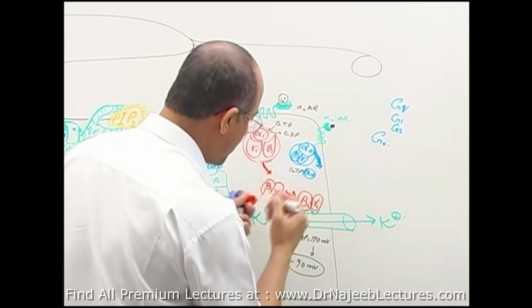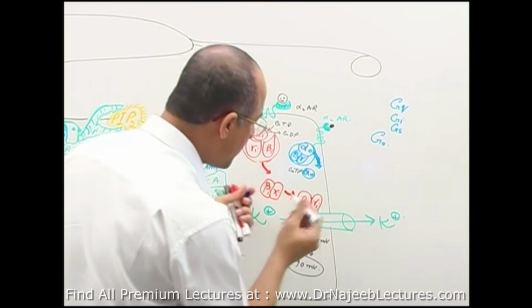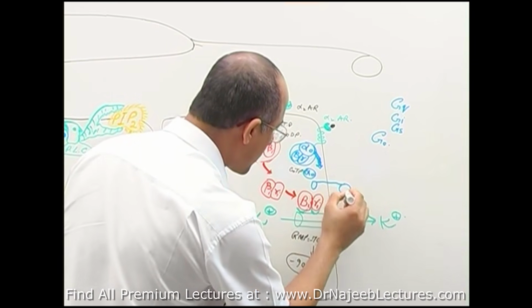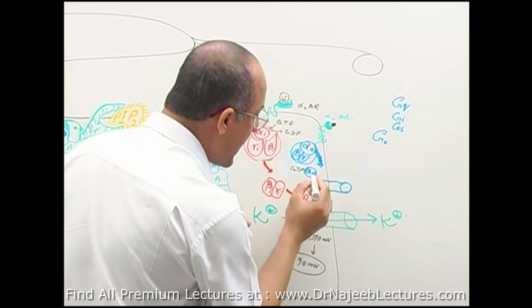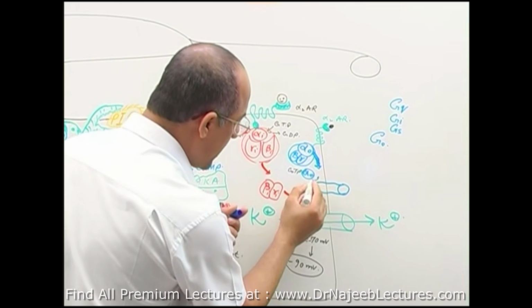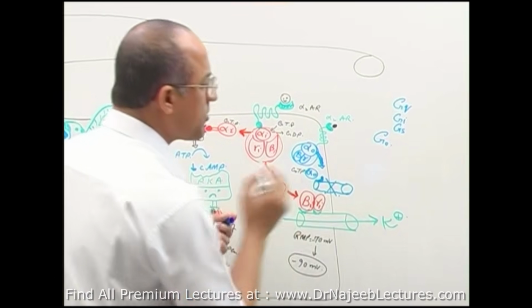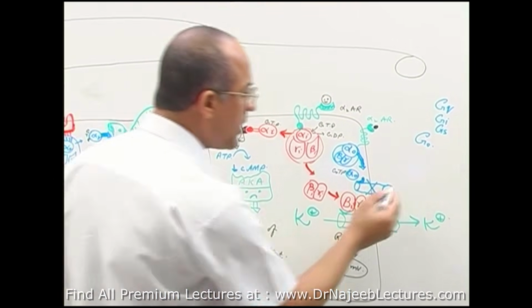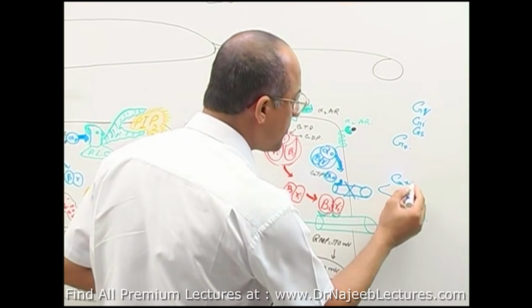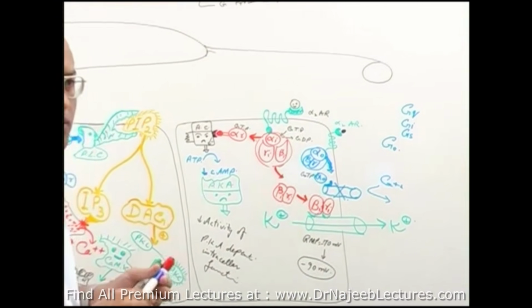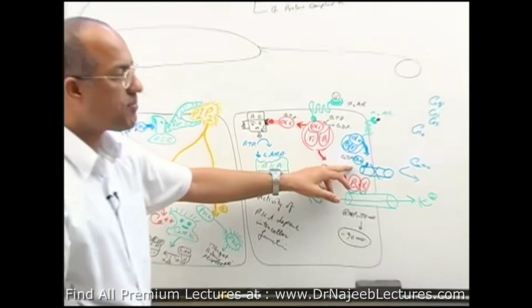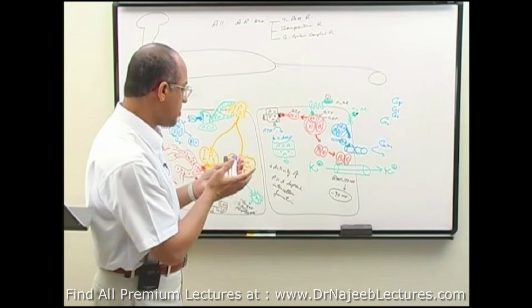When alpha naught binds with the calcium channel, it will inhibit the calcium channel. So calcium influx will stop. This is what happens in the presynaptic nerve endings.